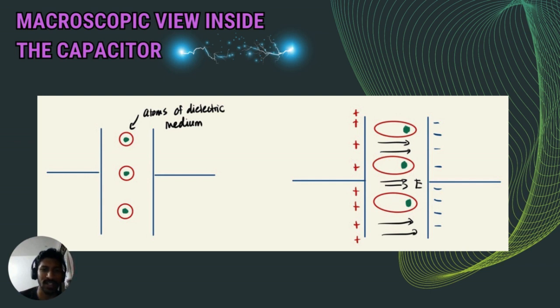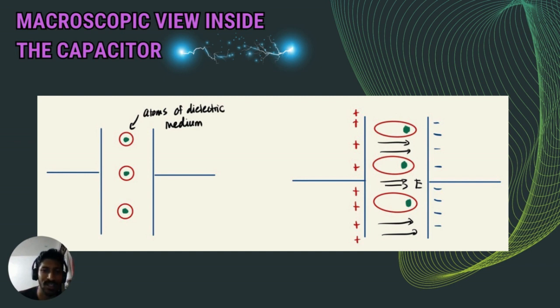As soon as the switch is closed, the capacitor will begin to be charged, and as stated before, the positive charge will start to accumulate here, while the negative charge starts to accumulate here. This will create the electric field lines across the capacitor. As a result, it will cause the electron clouds of the atomic structure to move towards the positive charge.